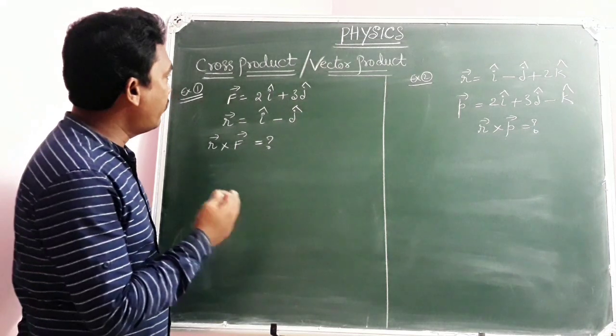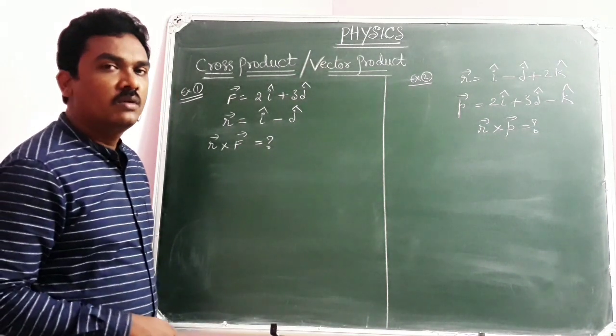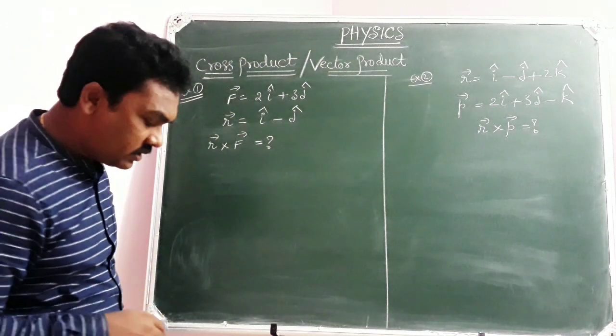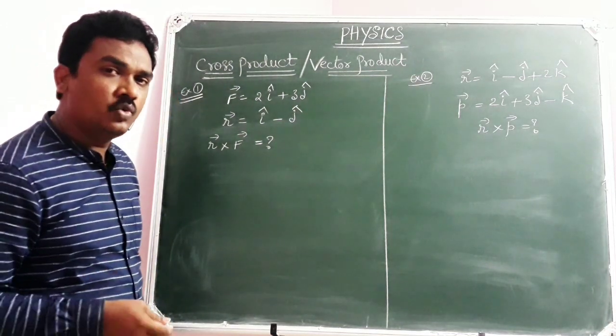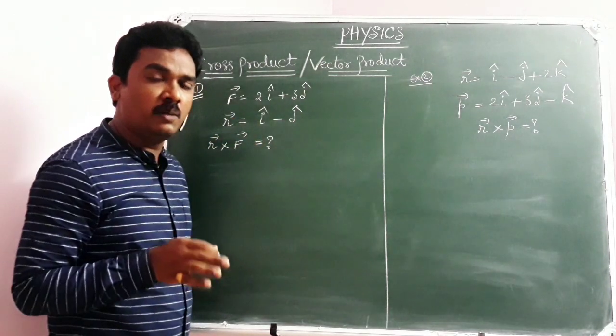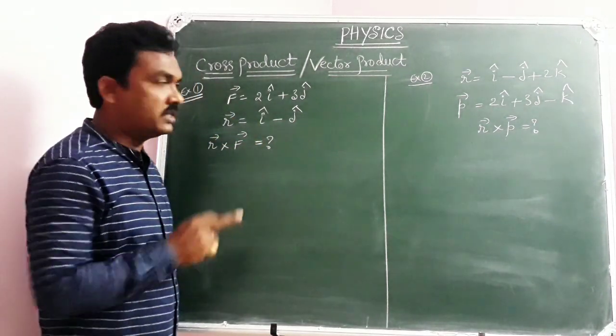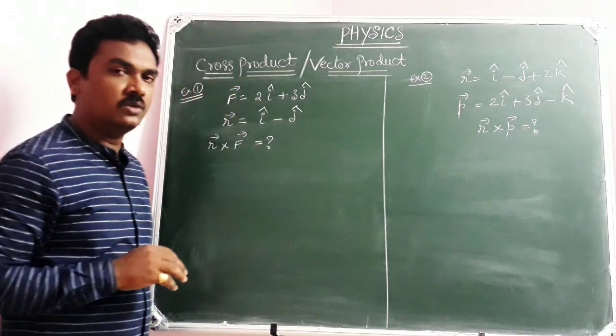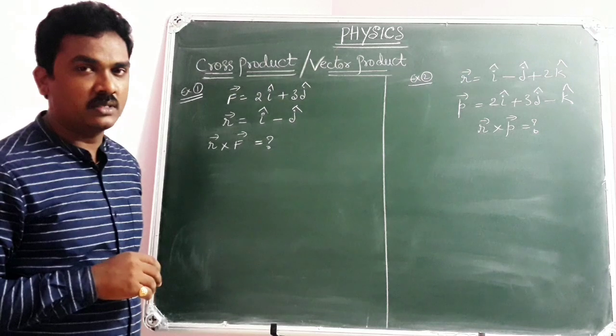Yes. So here I have given two examples to explain the cross product between two vector physical quantities. One example considers vectors in a plane. In a plane, there will be only two components, I cap and j cap. But in space, there will be three components. So let me explain both examples.